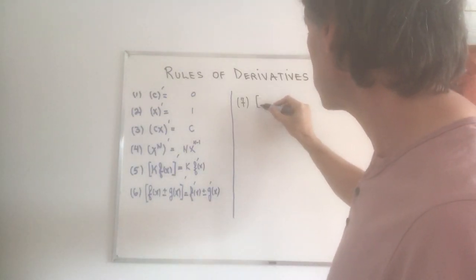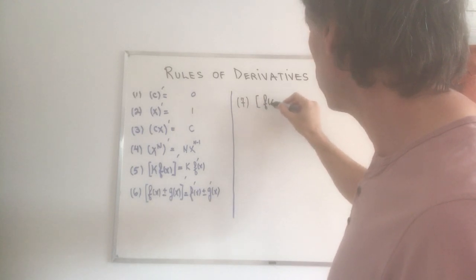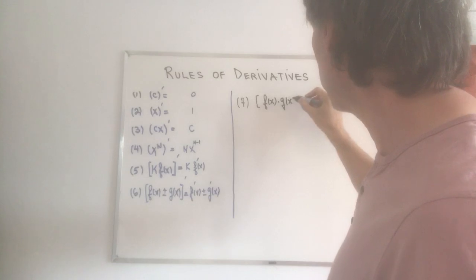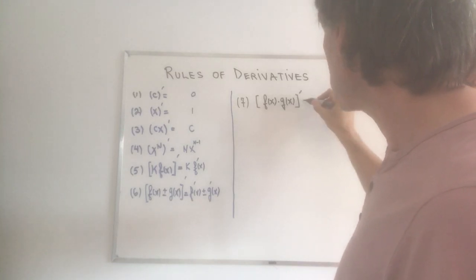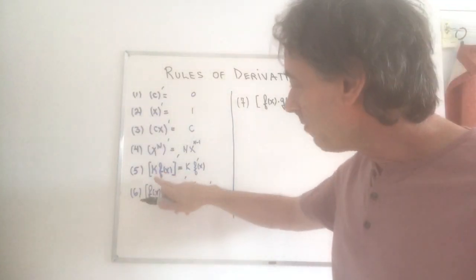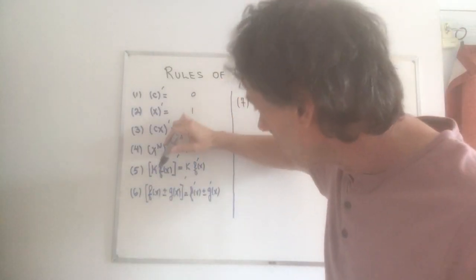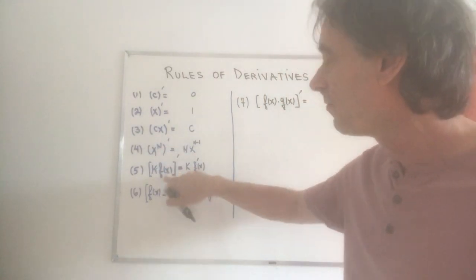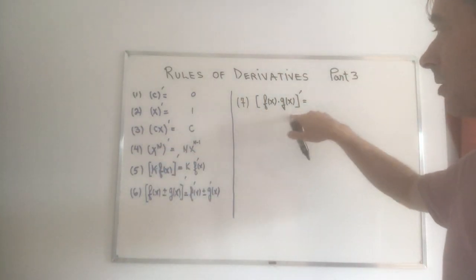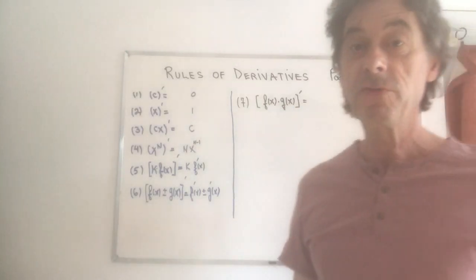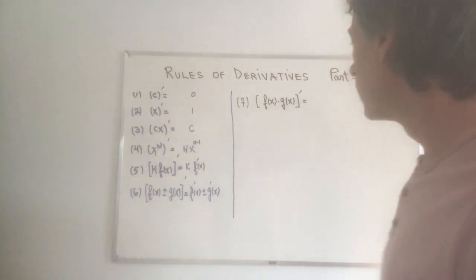What is the rule, if any, for a multiplication of two functions? Please notice that this is actually different from rule 5. Why? Rule 5 is, yes, a multiplication, but it's a multiplication of a constant times a function. Here, we actually don't have necessarily a constant times a function. We have two functions of x.